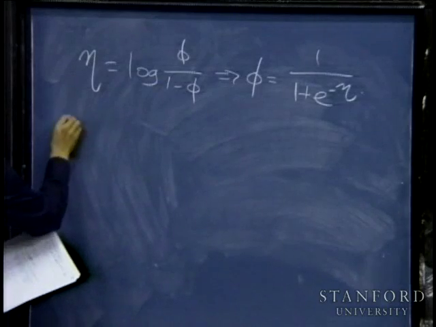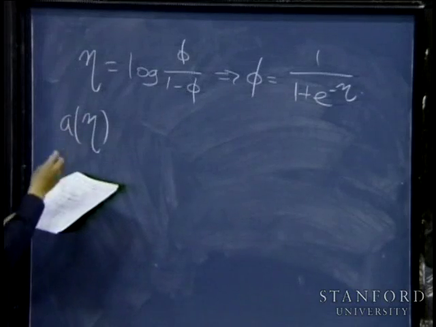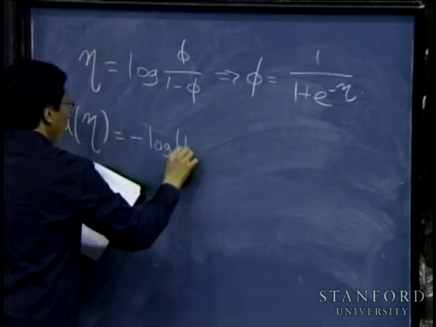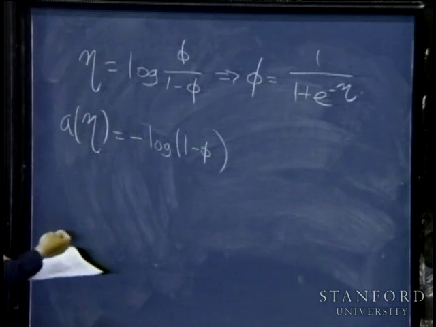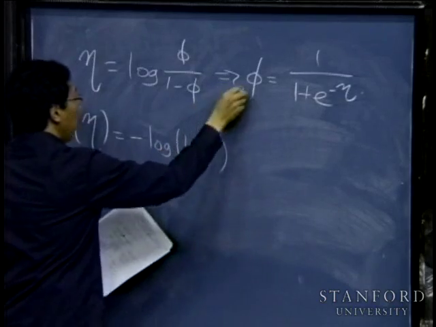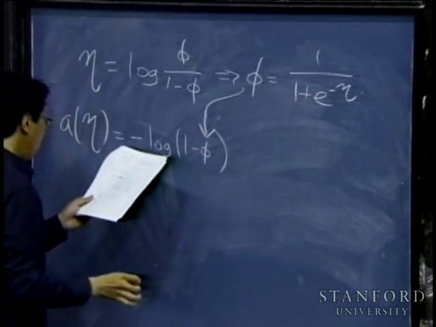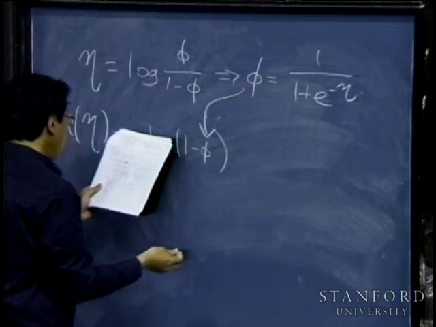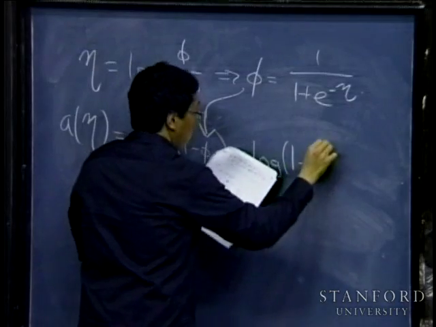Again, copying definitions from the previous board, A of eta, I said, is minus log of 1 minus phi. So phi and eta are functions of each other: eta depends on phi, and phi depends on eta. If I plug in this definition for phi into that, I'll find that A of eta is equal to log of 1 plus e to the eta.